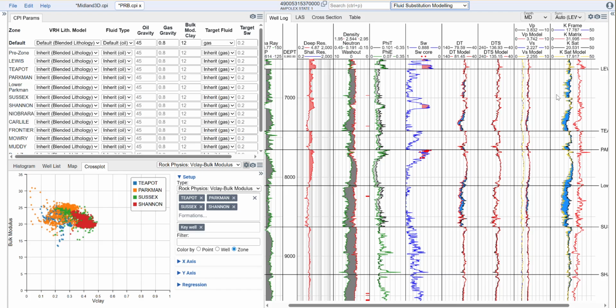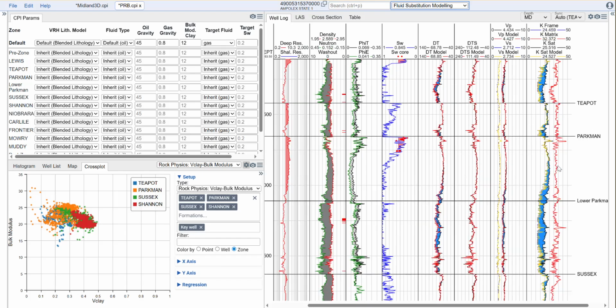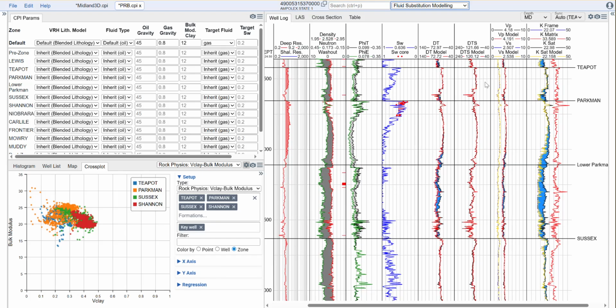So for example, here I have the Lewis formation being shown. This is predominantly shale here, and then we have some sandstones in the Teapot and Parkman. And I'm going to focus on these here. So the question that we would be asking is, hey, given what I know about the system now, about the oil gravity, the gas gravity, the porosity, the saturation, what is our current understanding of VP and VS looking like through here?